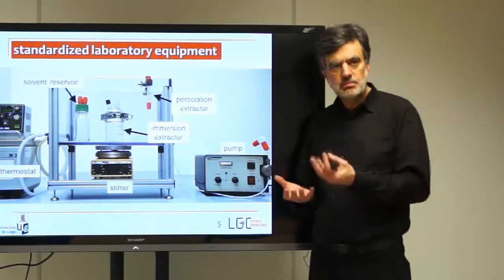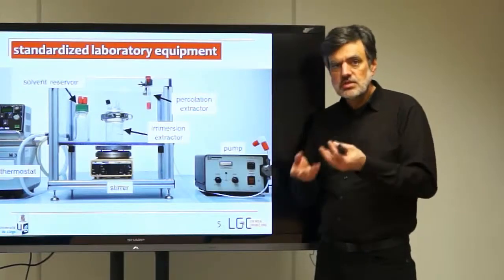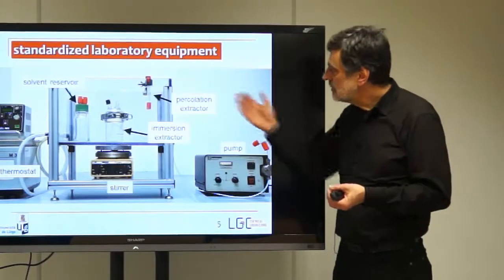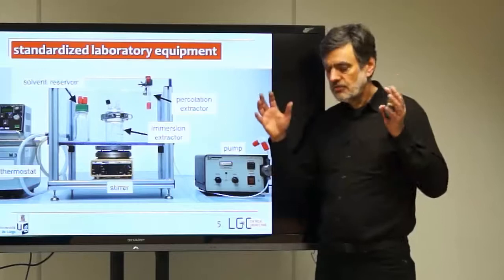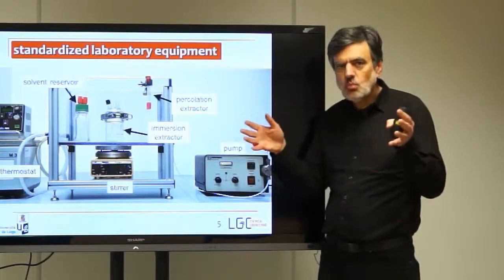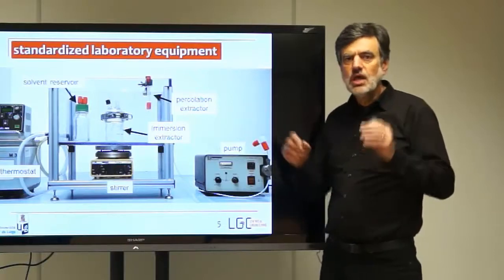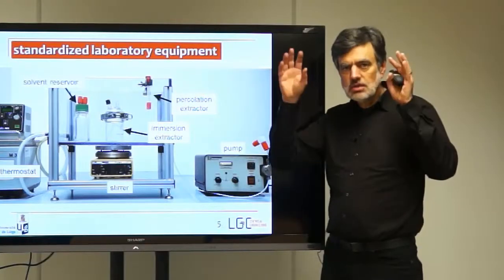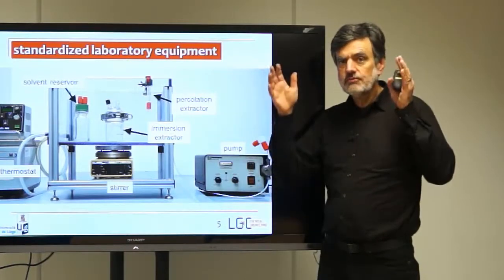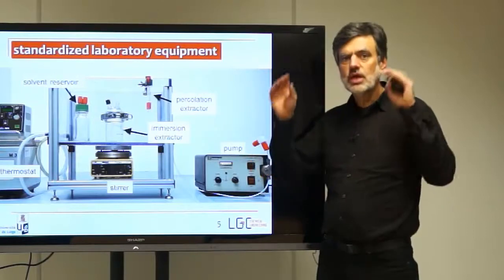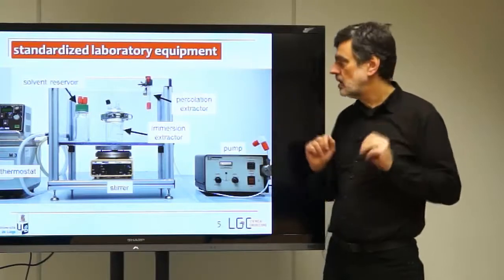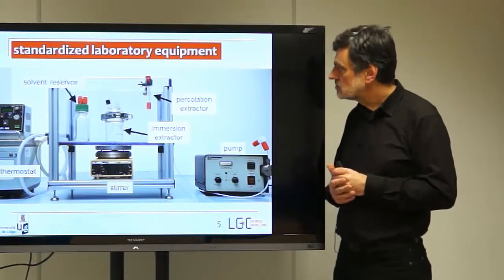Immersion extractor means that the plant material is mixed with the extracting solvent, in a stirred vessel, for example, whereas percolation means that you have your solid, your plant material, resting some way in your equipment, and then there are different options. You can either really have the extractant running through it with a large flow rate, or you can have it dripping, so to speak, through the fixed bed of your plant material. That is the percolation extractor.